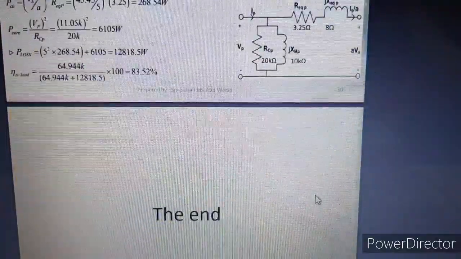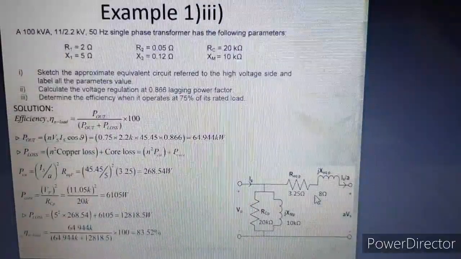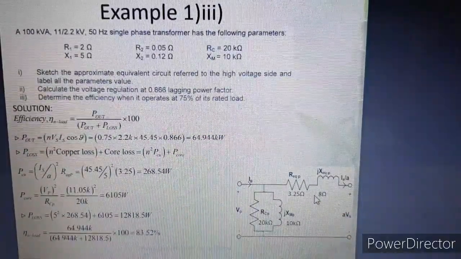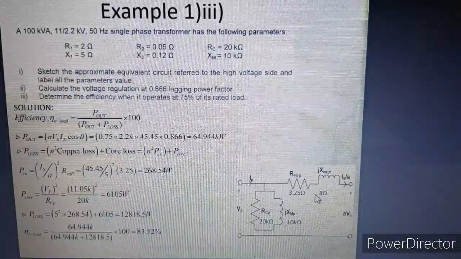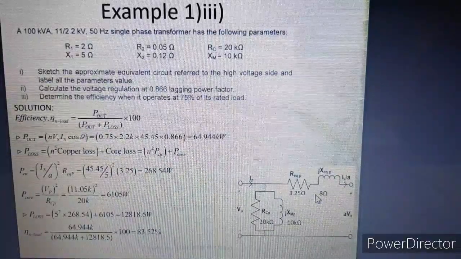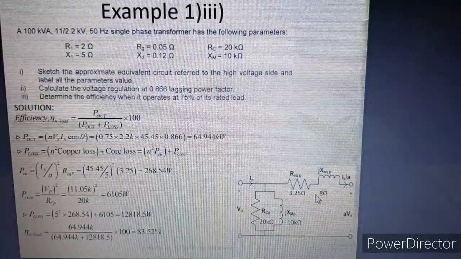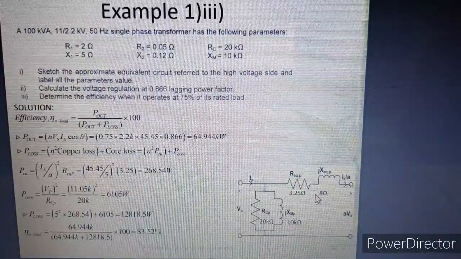So I guess this example shows you how to calculate VR and efficiency by using reflector primary.